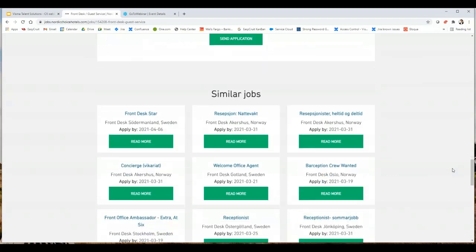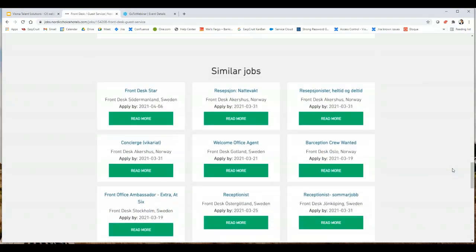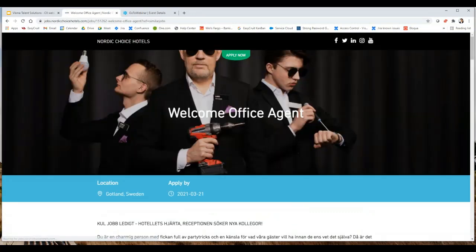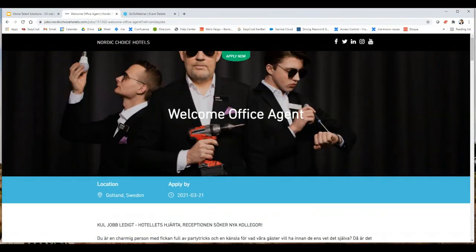Another thing that I really enjoy with this careers page is this one, similar jobs. Let's say that I clicked on that vacancy, and when I read the vacancy text, it's like, maybe this vacancy is not for me. Then I can click on similar jobs, and I can see, oh, welcome office agent. Okay, that sounds interesting. What is this vacancy all about?